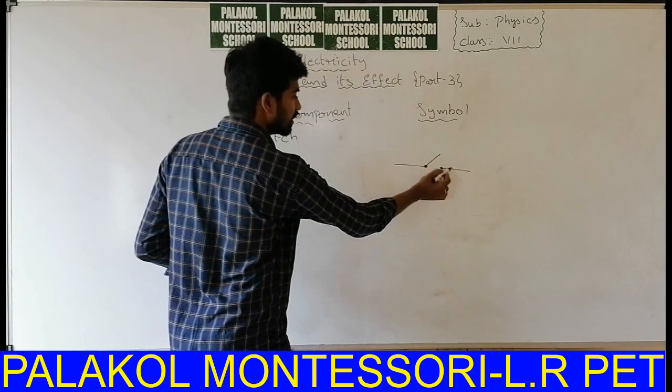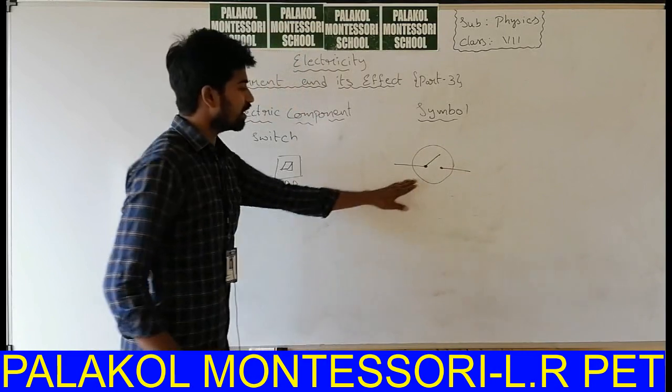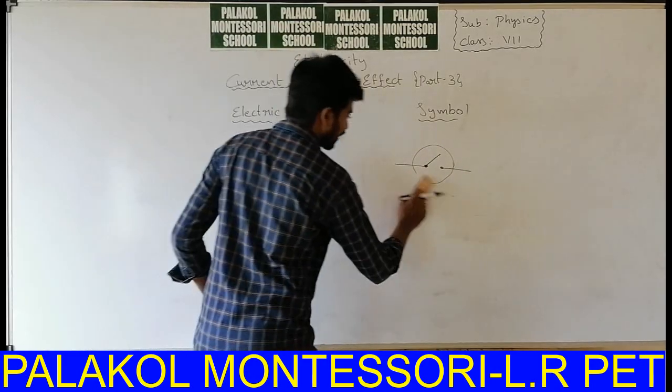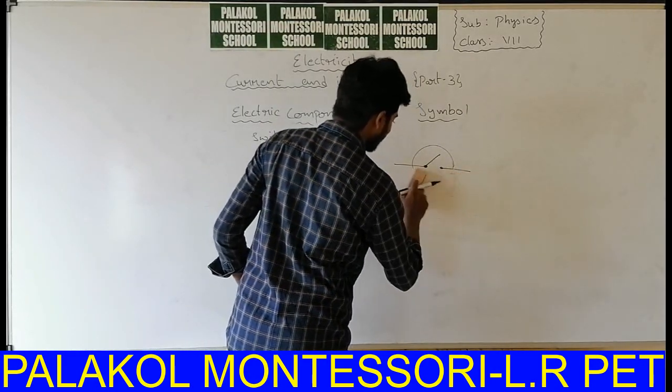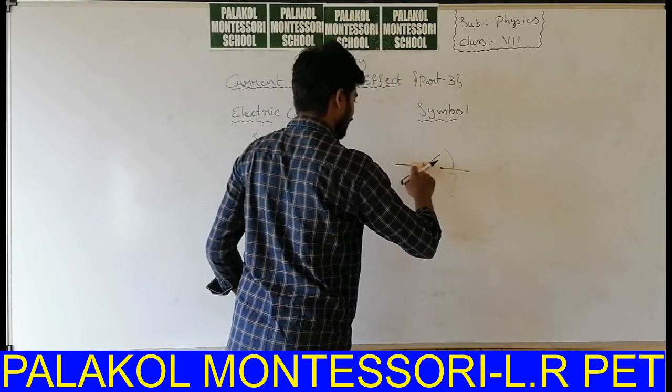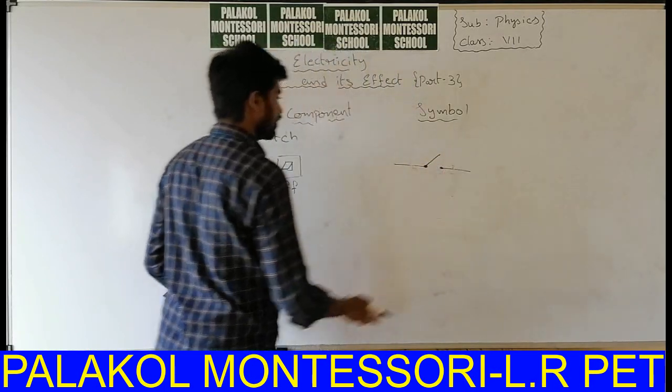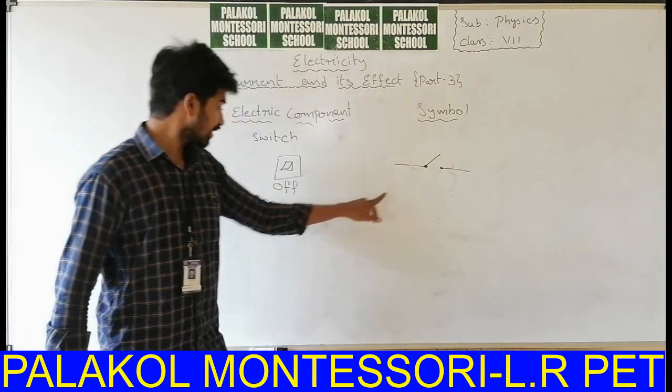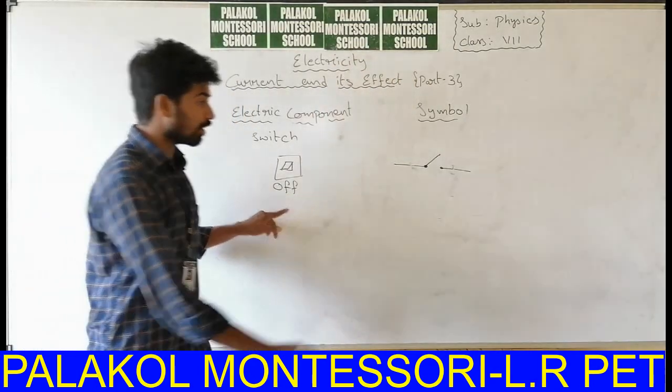This is the symbol of the switch in the off state. You cannot make a round like this, so you have to keep it like this only. This is the symbol of the switch in the off state.